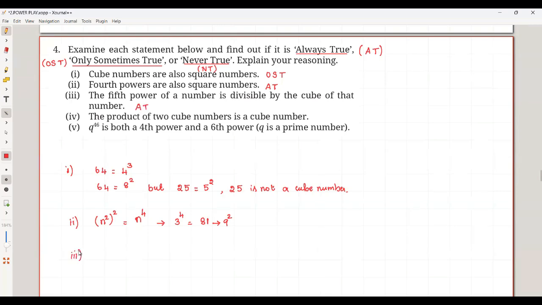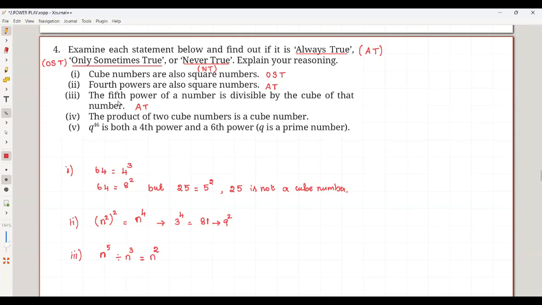Third one, fifth power, that means n to the power 5, is divisible by the cube. Divisible by the cube means I am dividing by n to the power 3. So what are you getting? Both have the same base. For division, keep the same base and subtract the powers. 5 minus 3 is 2.